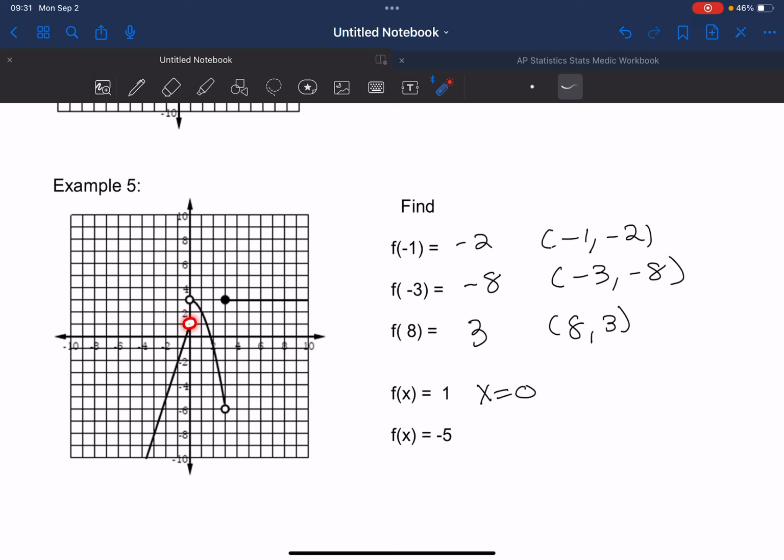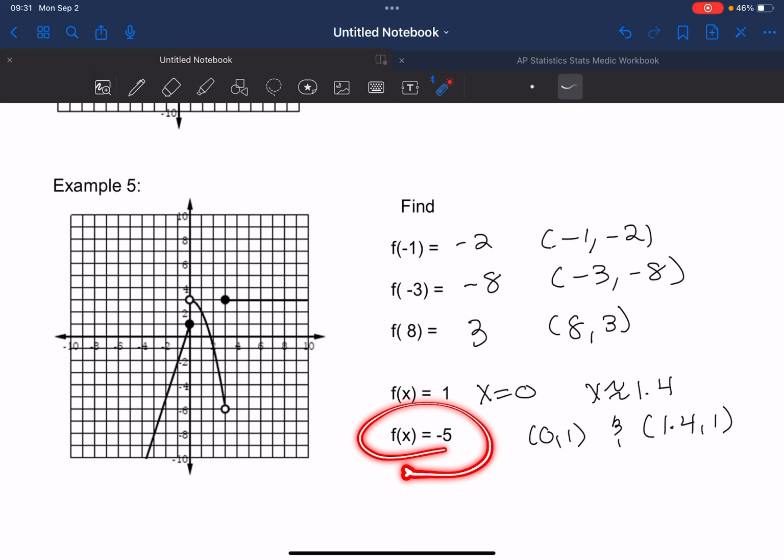Right here at y equals 1, I'm looking left or right to see if I will hit my graph. Well, I can go right, and I can hit that graph at about 1.4, 1.5. So I have an approximation of x approximately equals 1.4, which means I have 2 points here, 0, comma 1, and 1.4, comma 1.